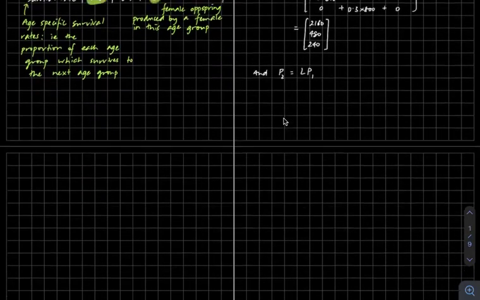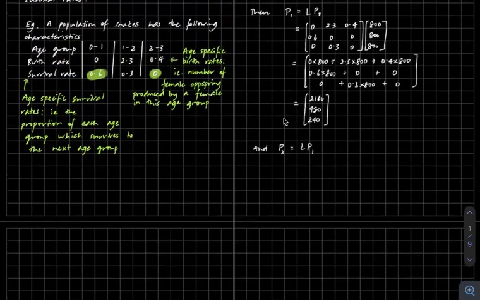And so we can keep doing that for a few iterations. Let me write one line in general, and that would also be L times P naught, because that's how we calculated P1, wasn't it? So that would be L squared times P naught.